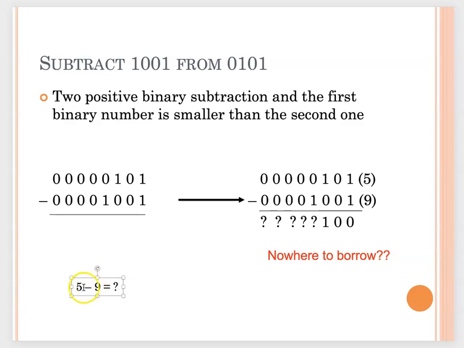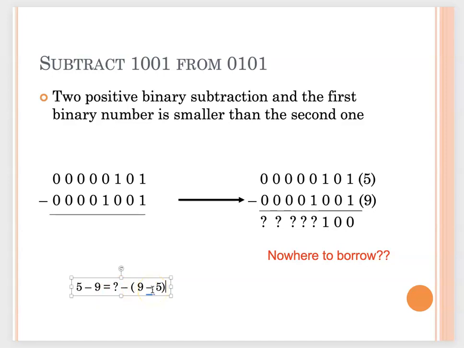What we do is we know 5 is smaller than 9, so we do 9 minus 5, which becomes 4, then we add the negative sign. So even in the real world, we don't directly subtract a bigger positive number from a smaller positive number.